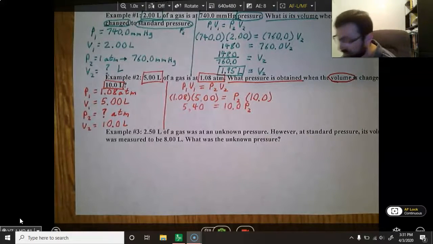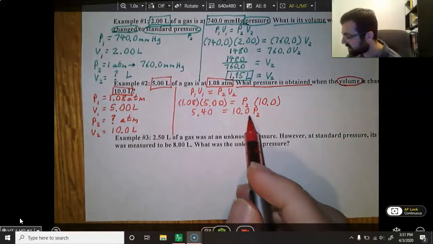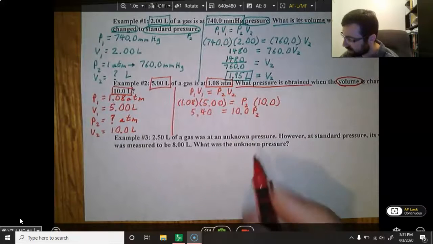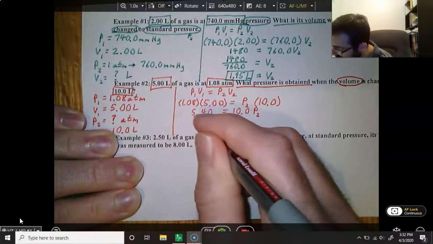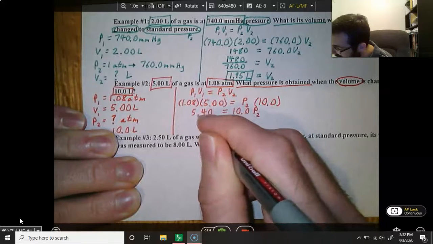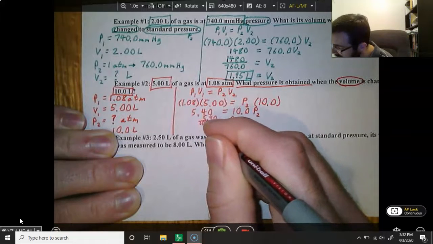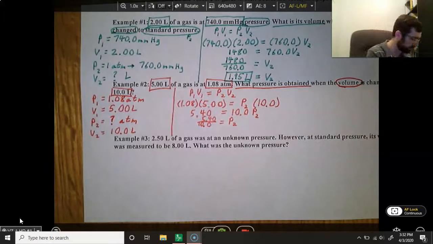All right, so I have 5.40 and I have 10.0 P2. I want to get P2 by itself, just like if you were solving for X. I want to get this by itself. To do that, I've got to divide by this number. Divide it here, you got to divide it here. So P2 equals 5.40 divided by 10.0. 5.40 over 10.0.